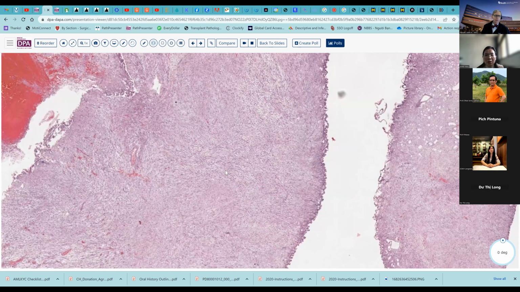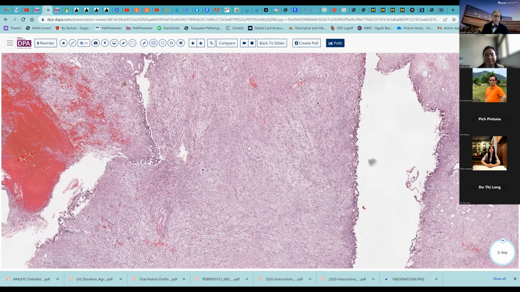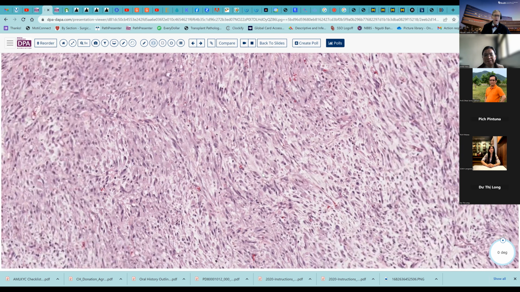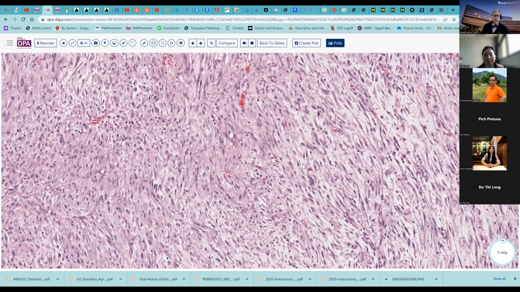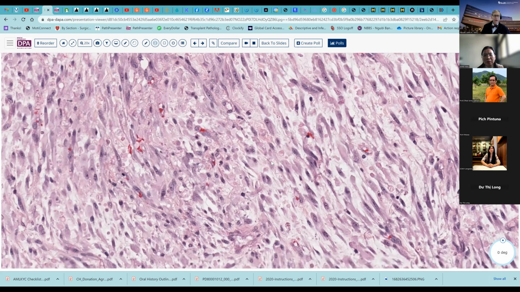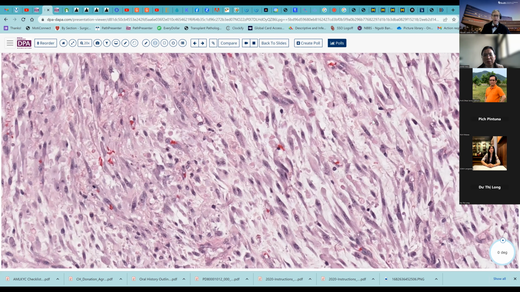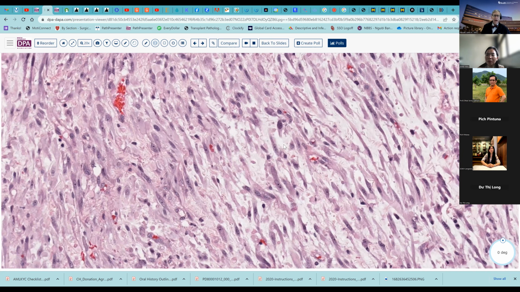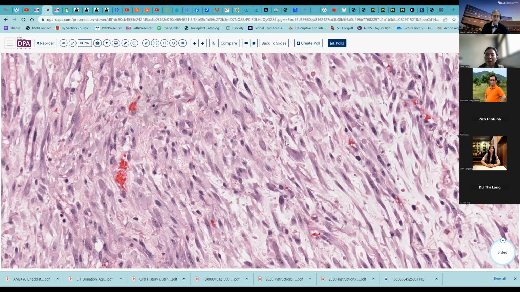And as you can see, it's kind of a low-grade looking spindle-shaped tumor. Not much in the way of collagen here, but sort of this amphophilic, pale purple-pink cytoplasm that we often associate with myofibroblasts. And so these tumors will oftentimes be SMA positive, but not desmin positive.